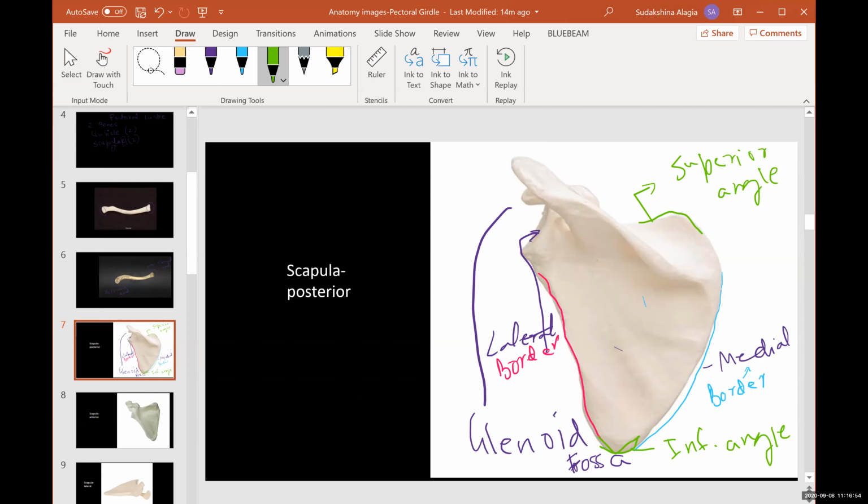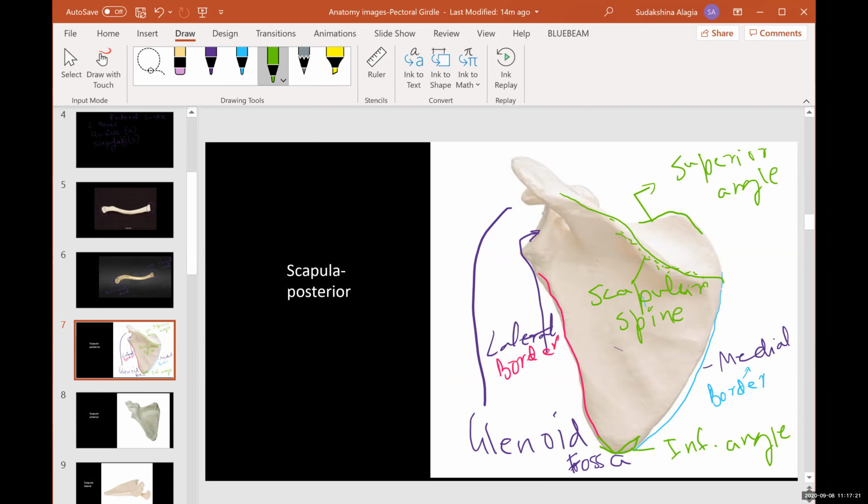Then, how about this bony ridge? You can clearly see it's a rising bony ridge. This ridge is referred to as scapular spine, or you can call it spine of scapula.